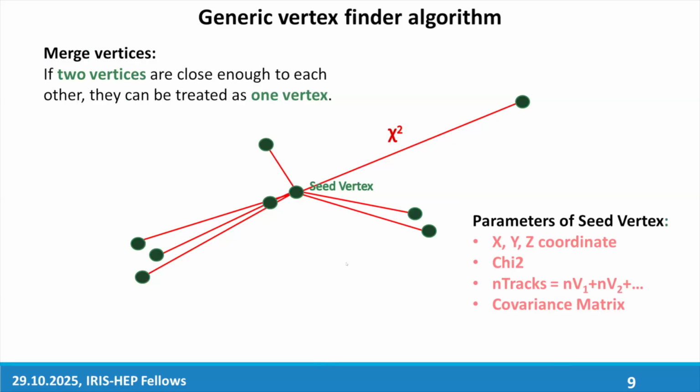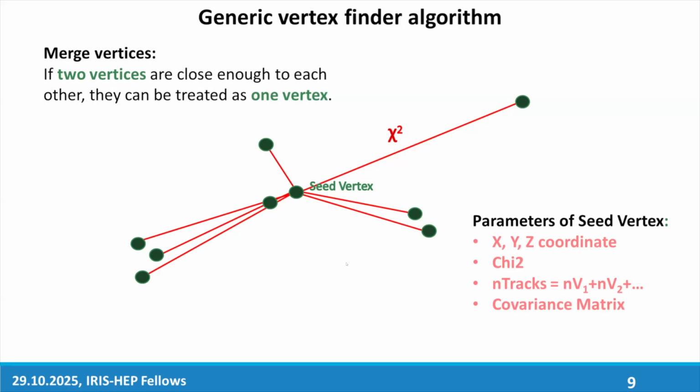There is also one of the most important stages, merging vertices. Why do we do this? Primary vertices are characterized by a large number of tracks belonging to them. So when we construct vertices from pairs of tracks, we will see a large number of seed vertices close to each other. Most of them, which are close enough, belong to one primary vertex.